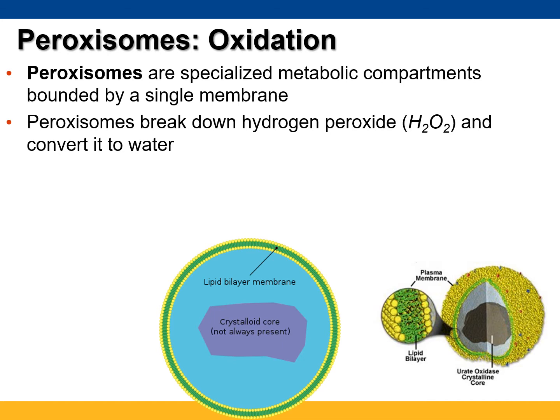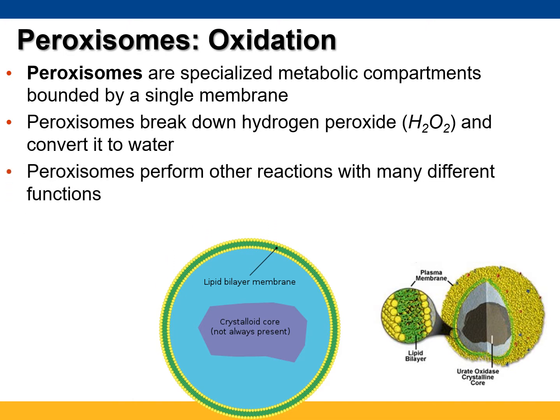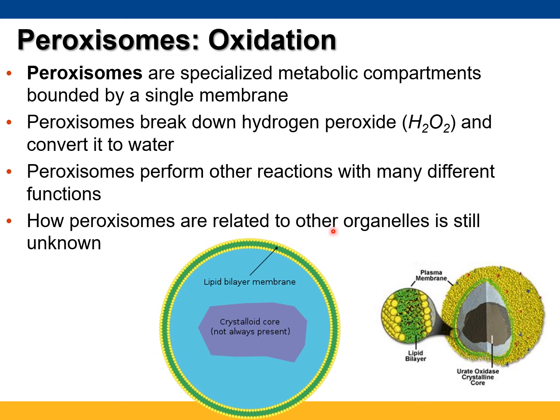And you might hear about antioxidants in diet, and I do have some things to say about that, but I'll save that for later. In any case, these things also do other reactions with different functions. We're going to talk about that in a subsequent slide. It's not just reactive oxygen protection. How they're related to organelles, like I said, are they vacuoles? Is it some sort of specialized vacuole? We're still working on that.